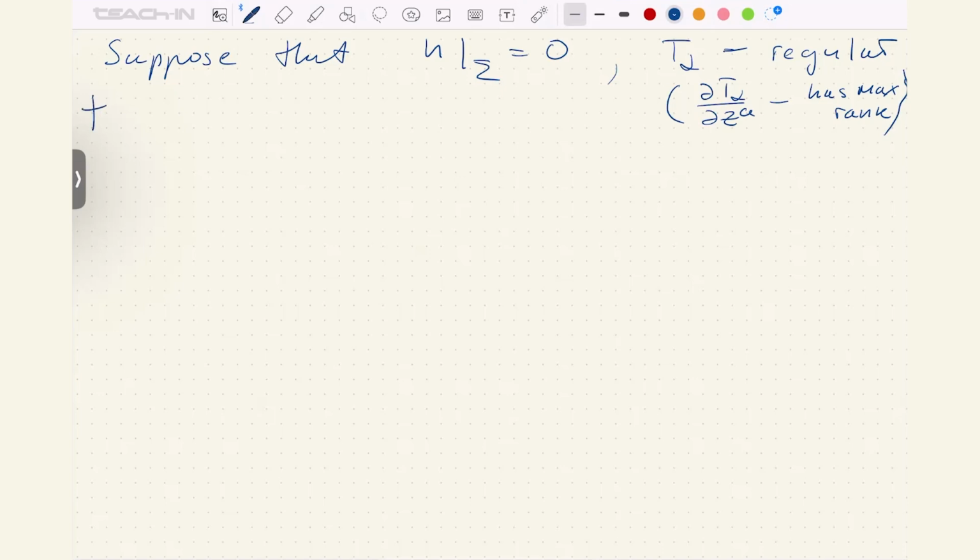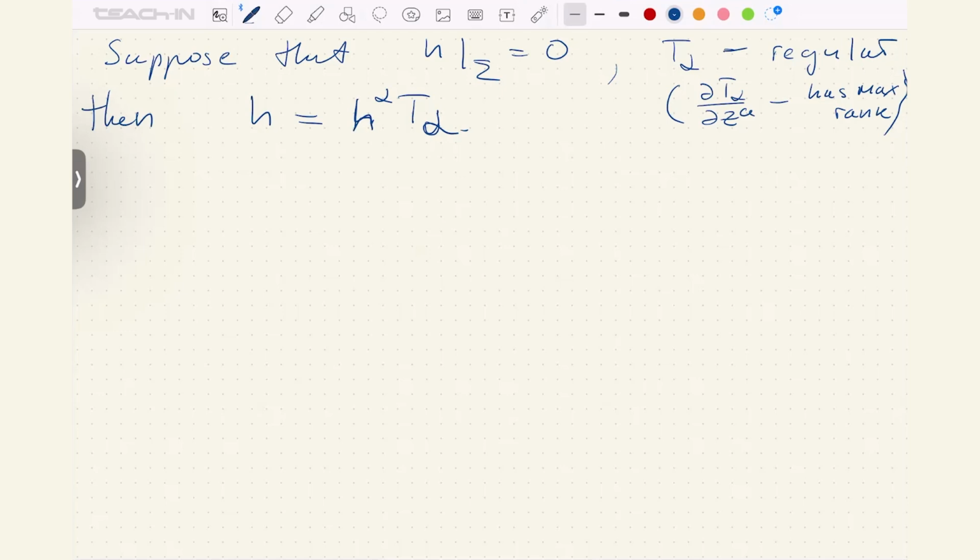Then H can be written as H alpha T alpha. That's what we need. So any function vanishing on sigma can be written as something proportional to the constraints determining sigma. That's what we also discussed last time, and if I remember correctly, it was an exercise to check it.